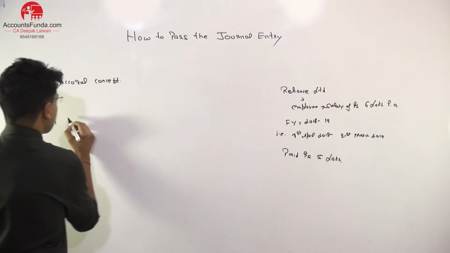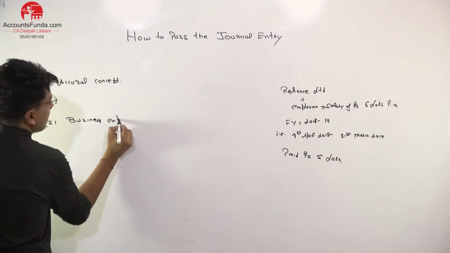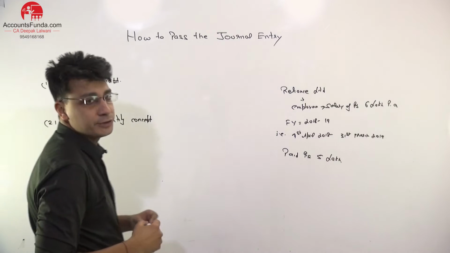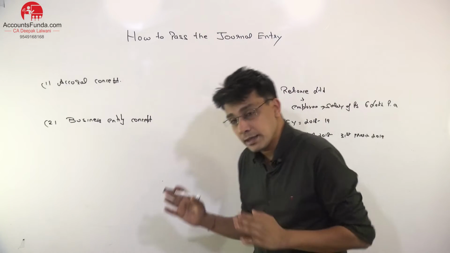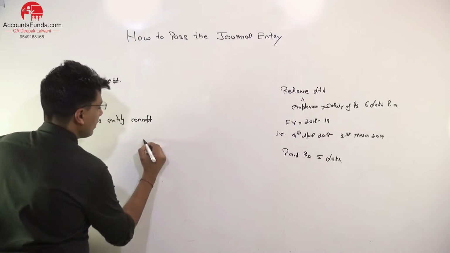Okay. The next concept, as I have already explained to you, is the business entity concept. What does the business entity concept say? As per the business entity concept, the business and the owner are two different entities. I have given you an example.